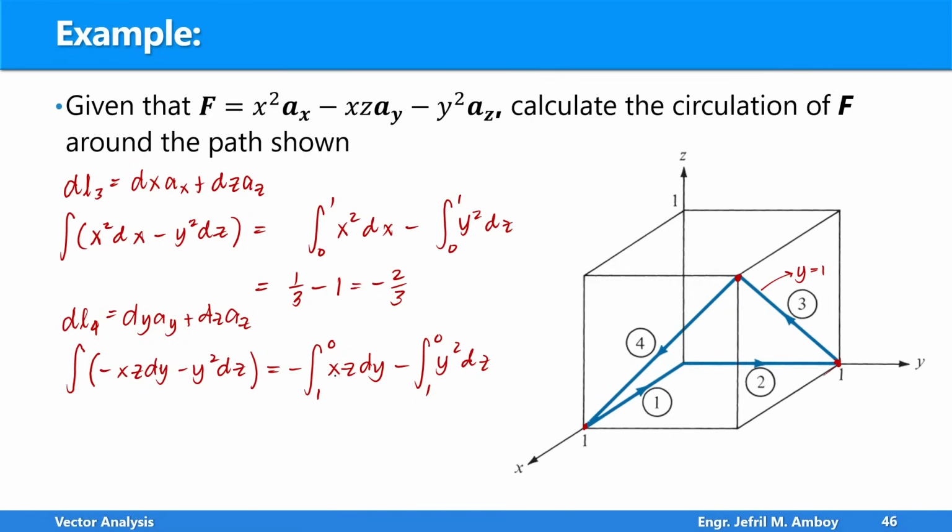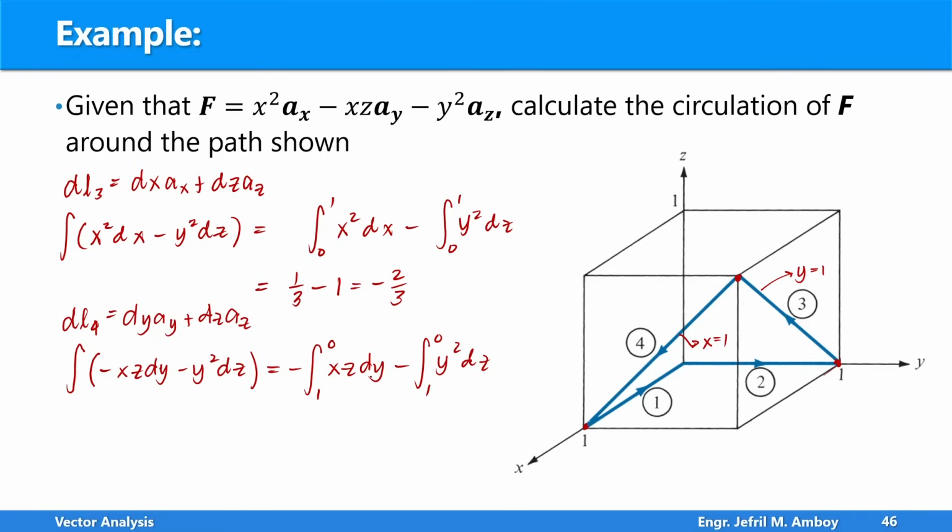How about the value of x and z? Now, if we examine the path from this up to this point, we have a constant value of x which is equal to 1. So, x is equal to 1. How about z? So, z is changing from 1 to 0. So, z is also a variable, but our variable of integration is y.